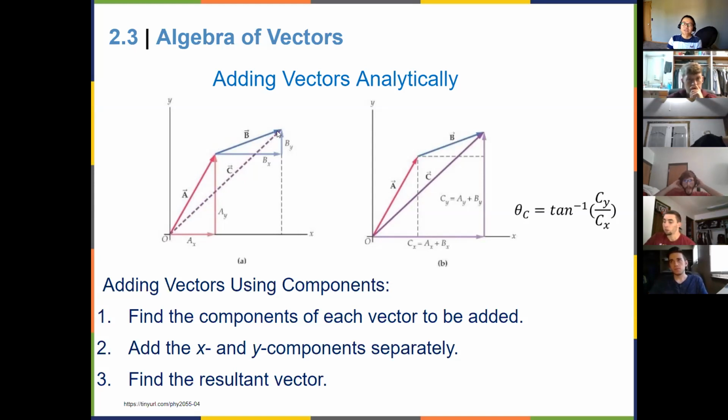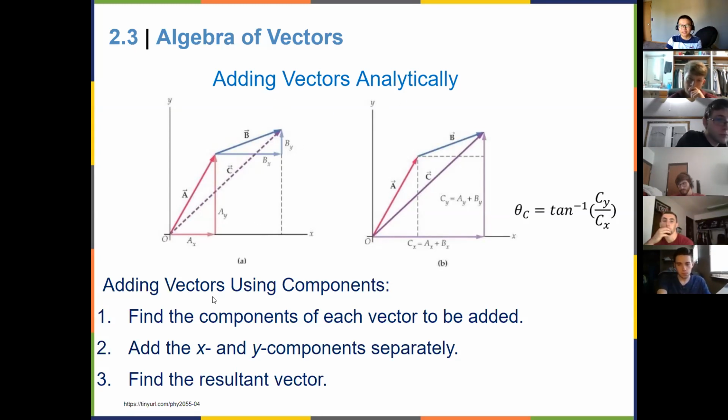Now, doing vector addition analytically means we are looking at the XY components. So you'll want to figure out what's the X component and the Y component of this new resultant vector C. If we are doing this analytically, then we are using components.